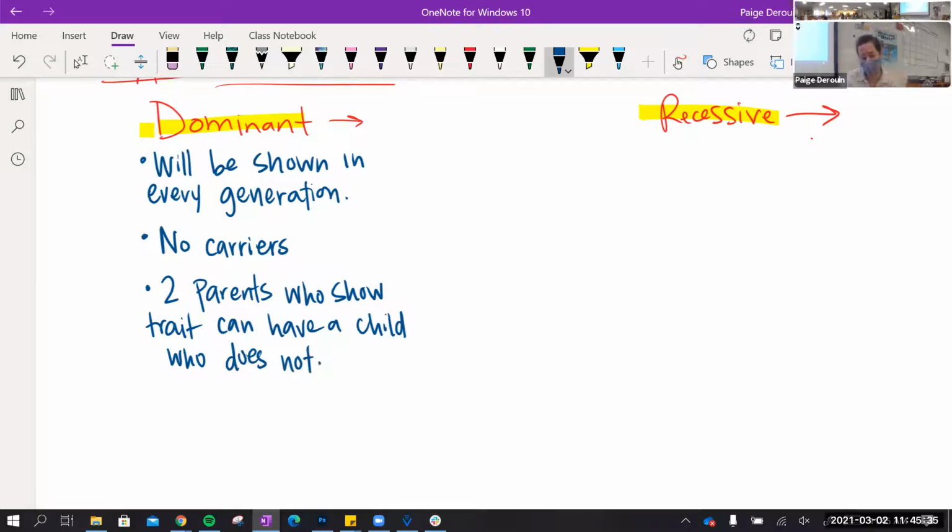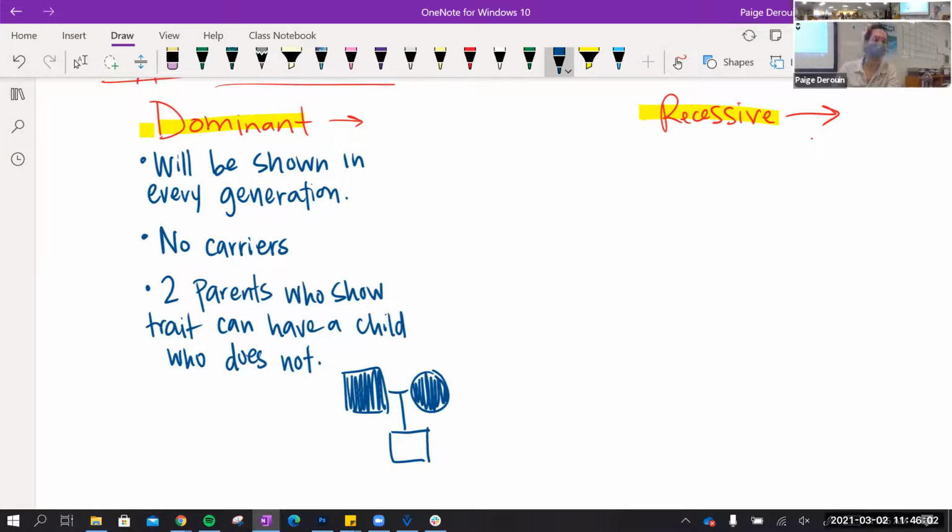And what that would look like is you would have your dad and your mom who would be colored in, because they have the trait. And their son, let's say, will be not colored in because he does not have the trait. Okay.